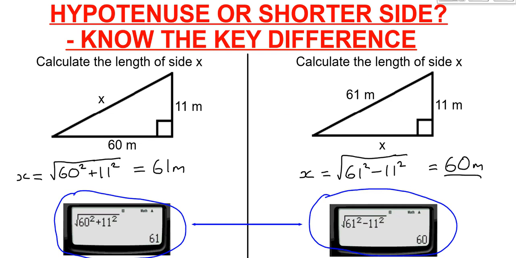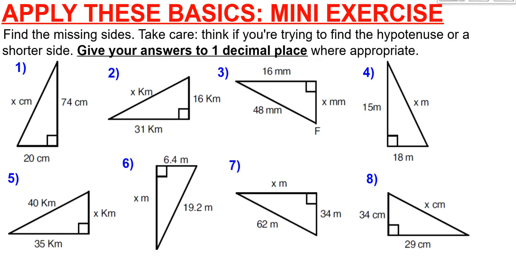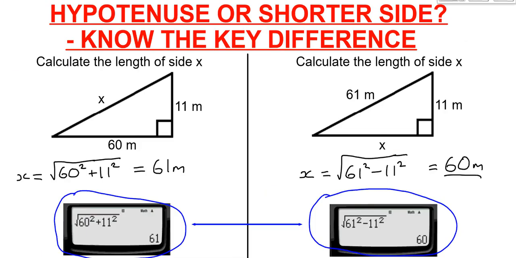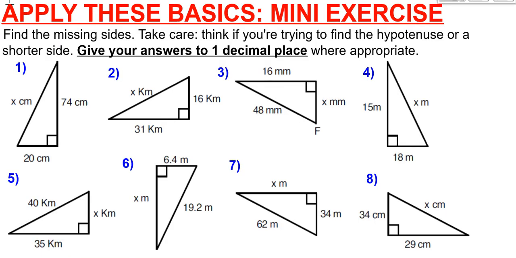So putting all this together, I want you to apply the basics on this mini exercise. What we've got here is a selection of 8 different questions, some of which you need to find the longest side, some of which you need to find the shorter side. Your job now is to find the missing sides, and just a little note from me, take care.